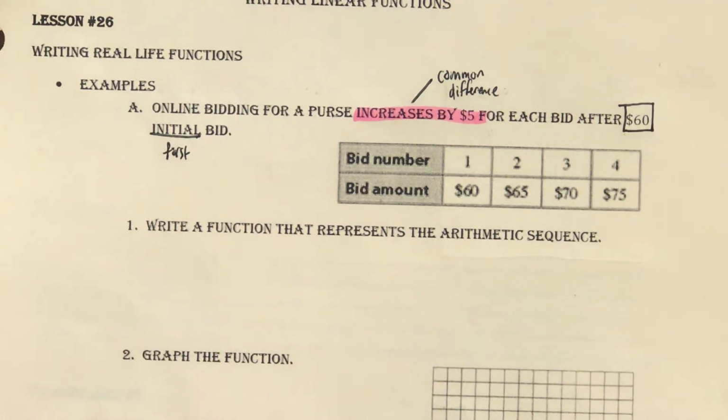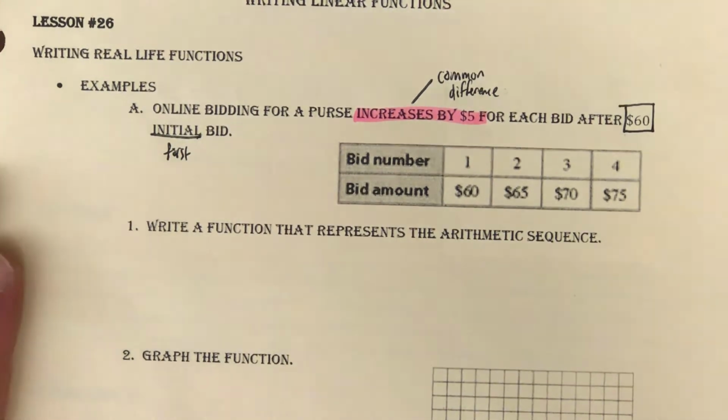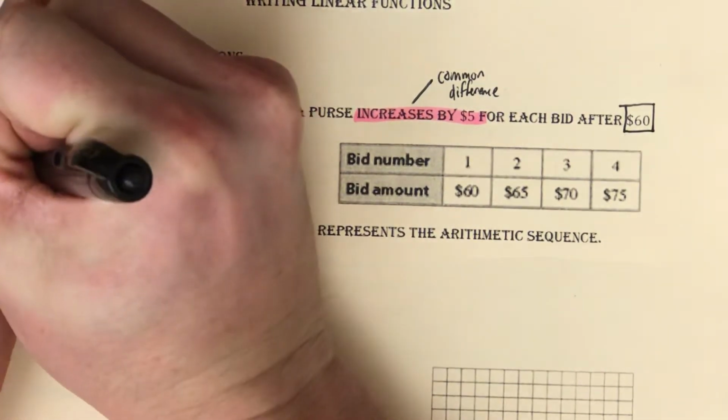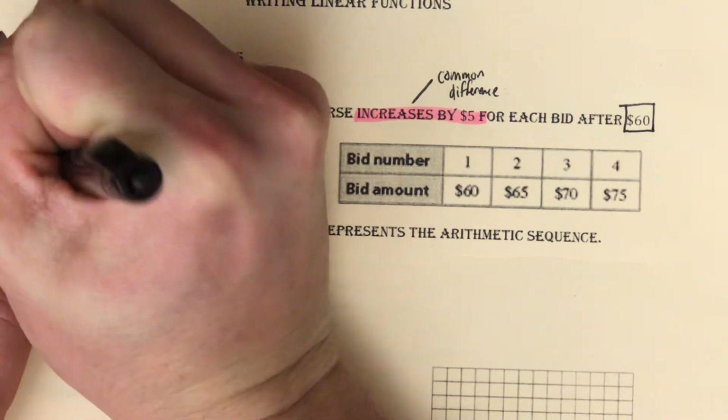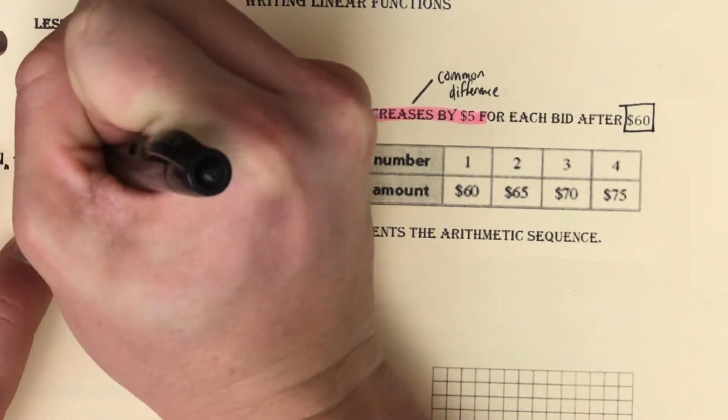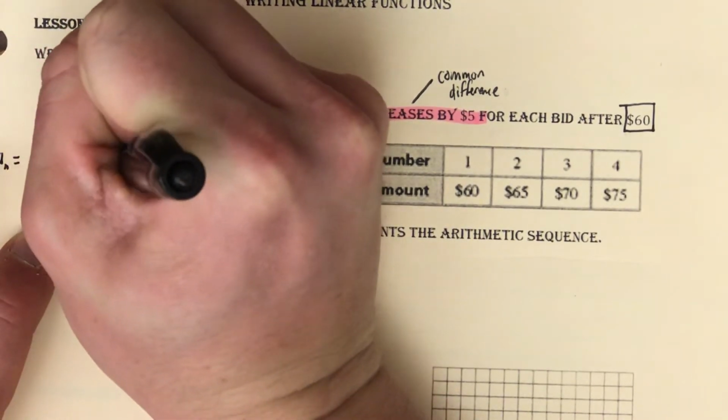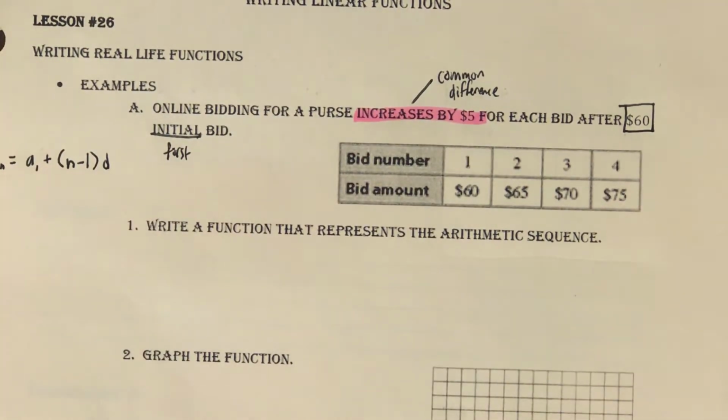Well, if you remember way back, like 2 lessons ago, we talked about that there was this formula for arithmetic sequence, that we could write an equation, which is what we did in lesson number 25. But we also talked about that we could write it as a function, and there was only one difference. We had this formula we used of a of n is equal to a of 1 plus parentheses n minus 1 times d, which stood for the common difference, all right?